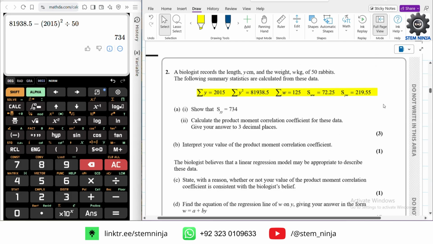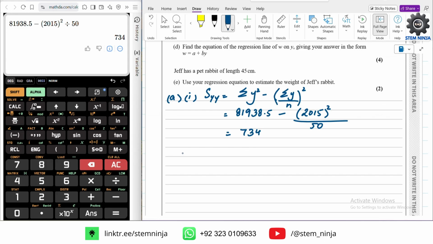Calculate the product moment correlation coefficient for these data. Right, for product moment correlation coefficient, or R, either way you can write it as product moment correlation coefficient, you need the covariance of WY divided by, or YW, whatever you want to call it, then the square root of SYY and SWW.